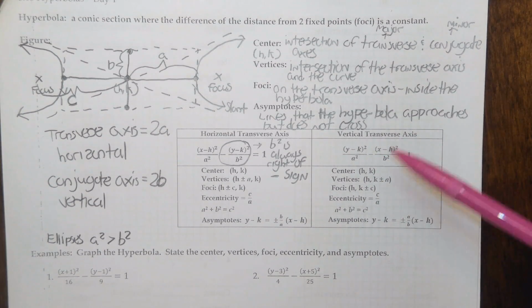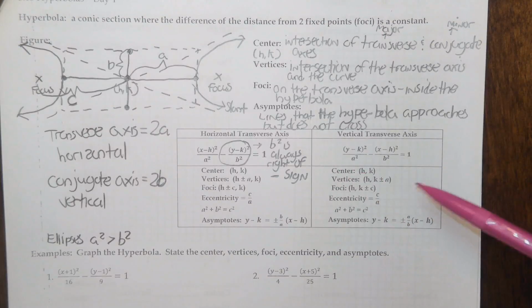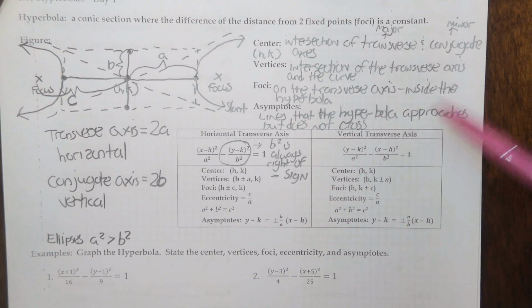It doesn't matter anymore whether one is bigger than the other. There will be cases where you have a longer conjugate axis than you do transverse axis, and that's just because b is bigger than a. And that's okay.